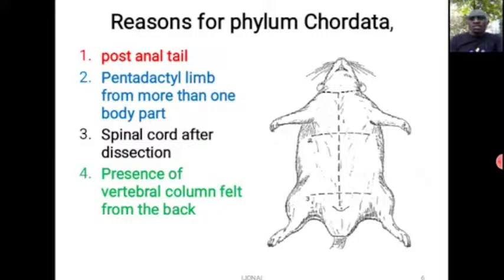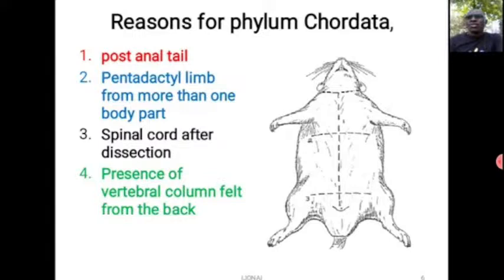For example, we said it belongs to phylum Chordata. These members of phylum Chordata have some specific characteristics that make them chordates, and they include the following. The first one is that all the chordates have what we call the postanal tail, the tail that proceeds beyond the anus.